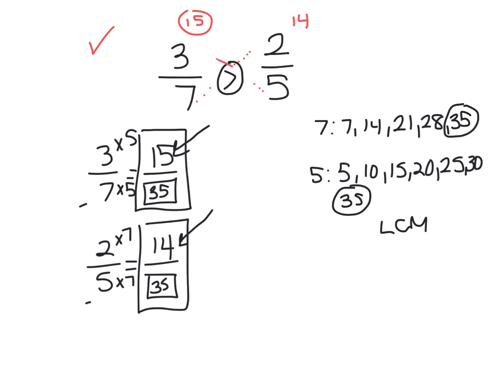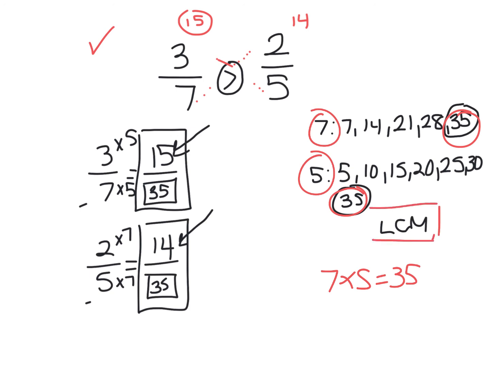I want you to notice something. You might also notice here that with this example, the least common multiple of 7 and 5 ended up being 7 times 5, which is 35. So with both examples, our least common multiple ended up being the product when we multiplied those two numbers together.